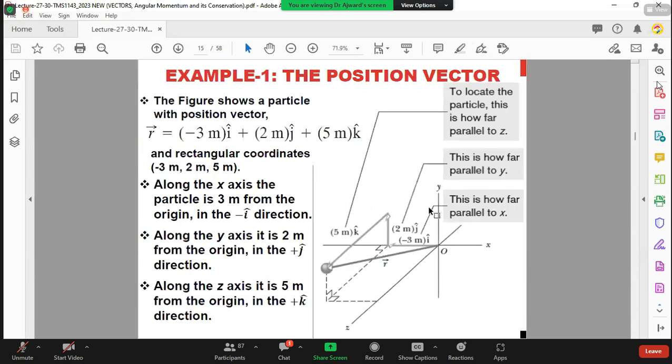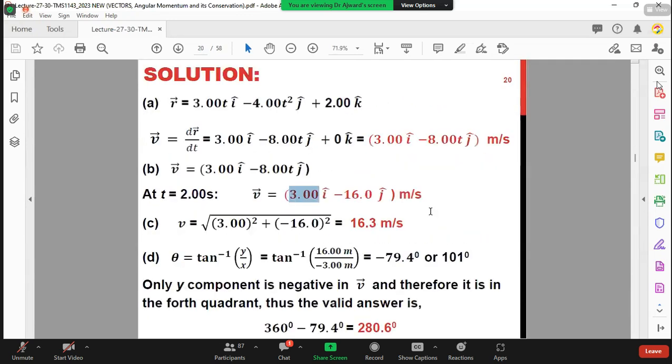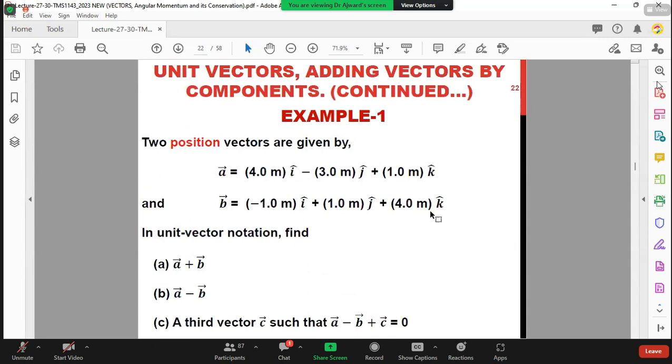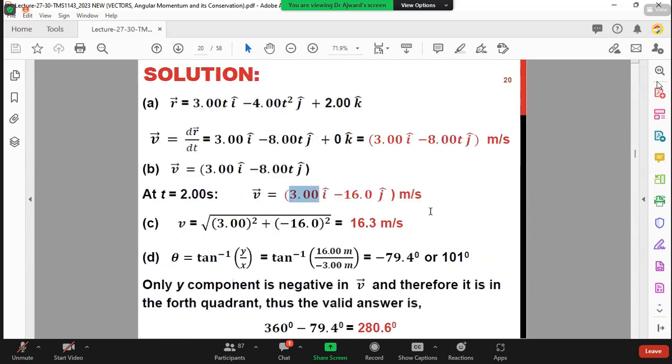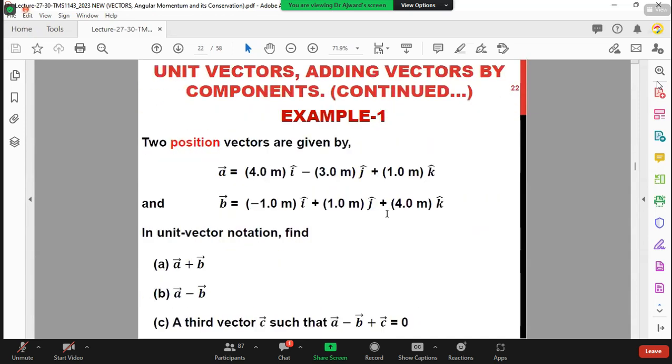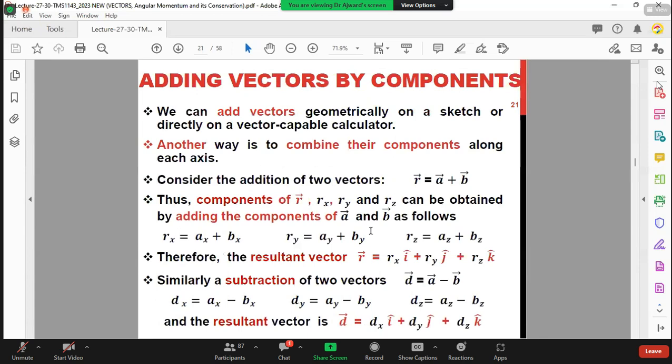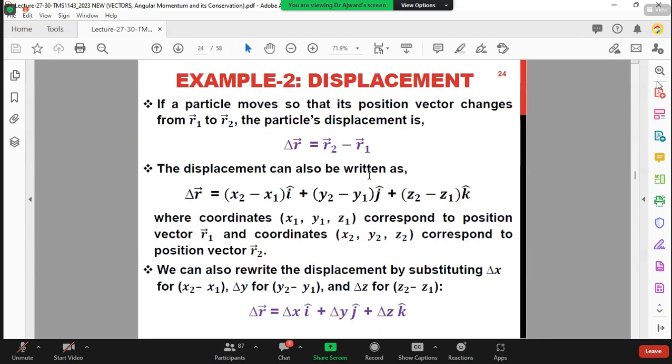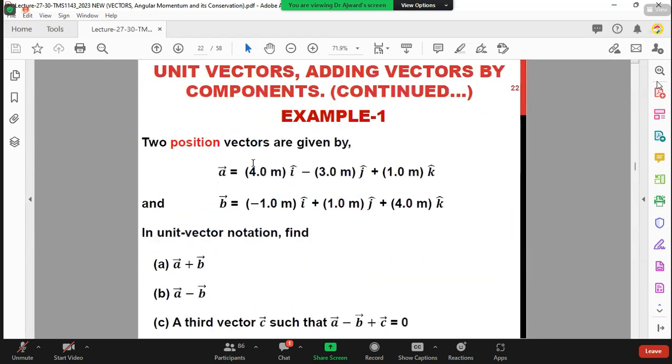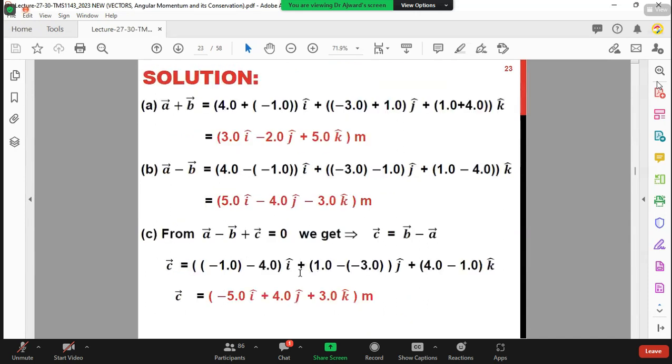All right. So if you have any questions, you can ask me now. You can read this and come, because next we have how to add vectors using this unit vector notation. Very simple. You just have to add the components. You can look at the examples, read them and come.